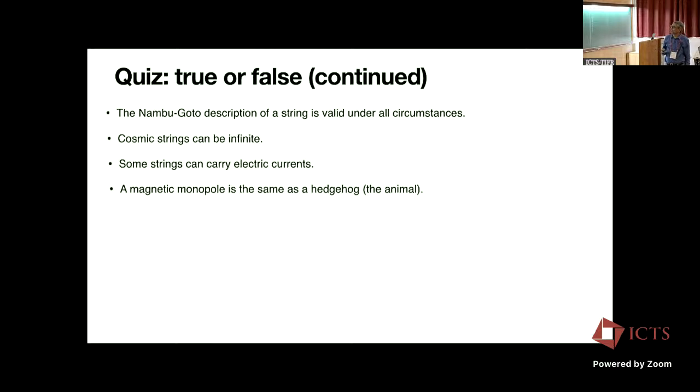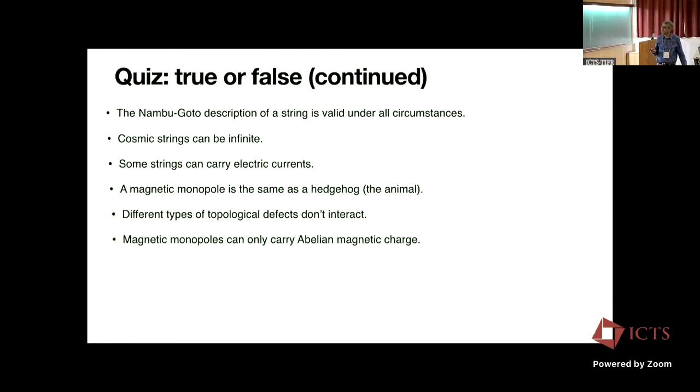A magnetic monopole is the same as a hedgehog, the animal. Different types of topological defects don't interact. Magnetic monopoles can only carry abelian magnetic charge. Div B equals 0 in the electroweak standard model, where B is the magnetic field.